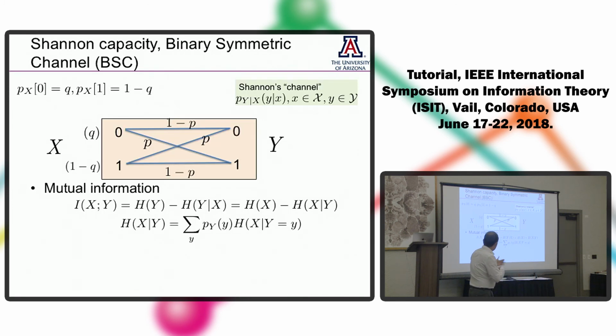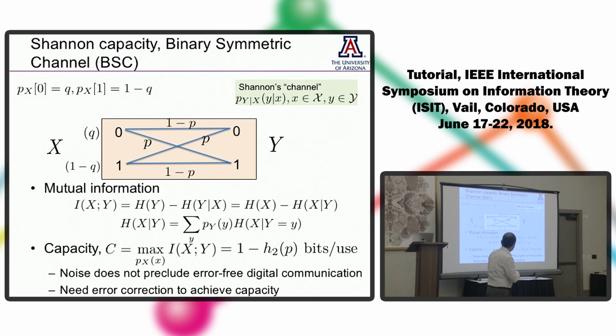This other complementary operational meaning for entropy comes about in Shannon's channel coding theorem, where you have a channel that gets you from x to y. This is the binary symmetric channel described by a single parameter p. The mutual information, which is the difference of the output entropy and the conditional entropy of the output given the input, is the capacity of this channel.